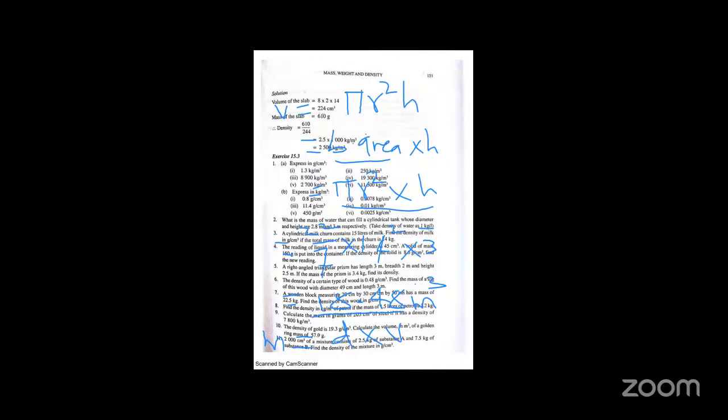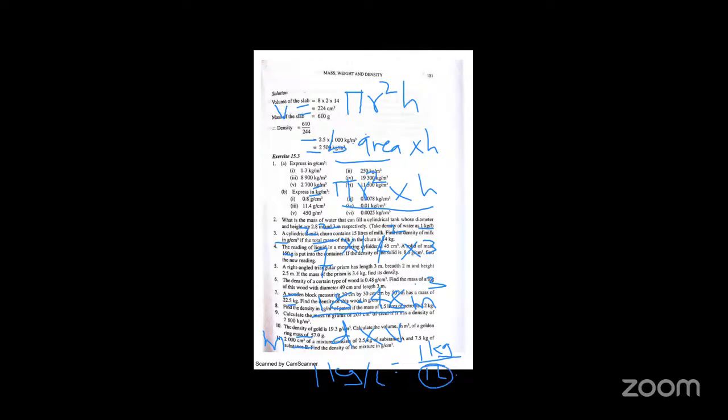So how can we change that? We know that 1 kg per liter is the same as 1 kg divided by 1 liter. So we can change this one to cubic meters.